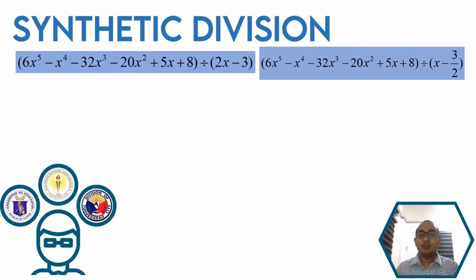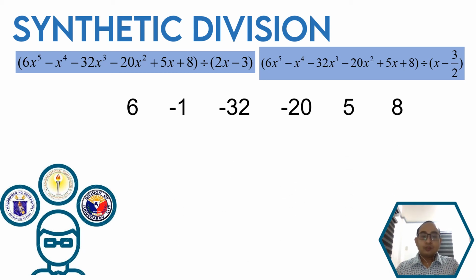Again, x minus 3 over 2 came from dividing every term of the divisor by 2 to ensure that its leading coefficient is 1. So, we are now ready to set up our synthetic division using the coefficients of our dividend and our divisor.